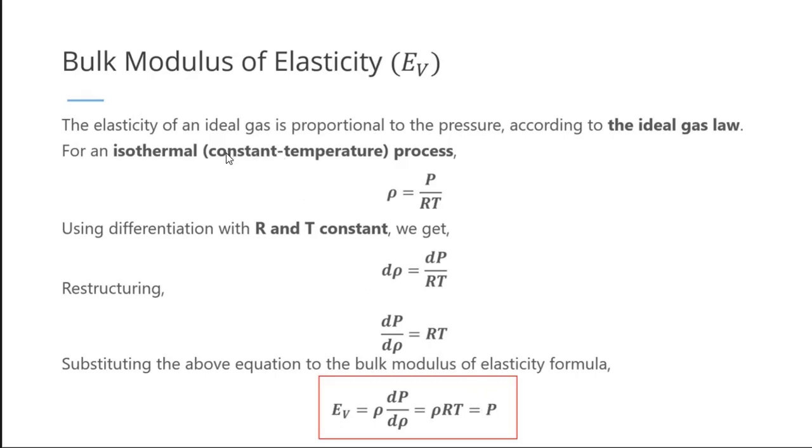And this is for constant temperature process. So we also have adiabatic process, meaning no transfer of heat. So lalagyan lang natin to ng K, which is the ratio of the specific heats. So for constant temperature, EV is equal to P. For adiabatic process or no heat exchange, EV is equal to Kp, where K is equal to Cp over Cv.